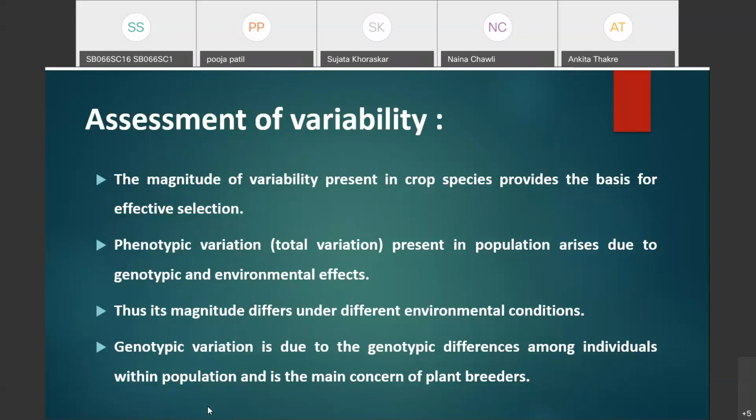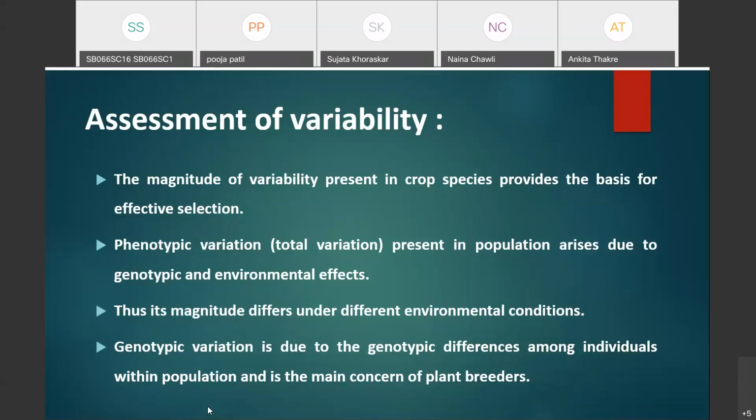Generally the selection is carried out depending upon the external characters, which are also referred to as the phenotypic characters. These external characters are due to mainly two effects. The first one is the genotypic component, that is, these characters may be due to the genetic constitution, or sometimes these external characters are also influenced by the environmental effects.